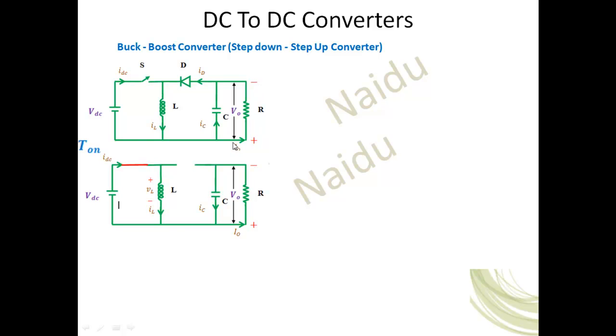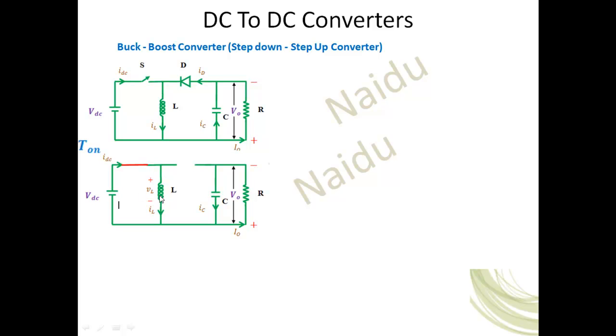That is why the load current upward direction is positive, and the capacitor current upward direction is positive. That's why the diode is connected in the reverse way. We need to remember that. In the GATE exam, if this is given as positive and this as negative for a buck boost converter, in the formula we will have a negative sign. That is very important.